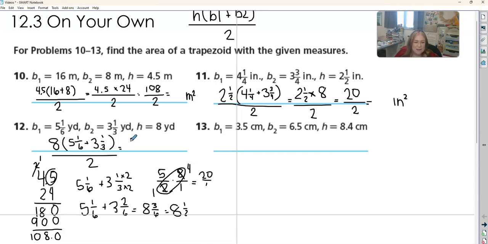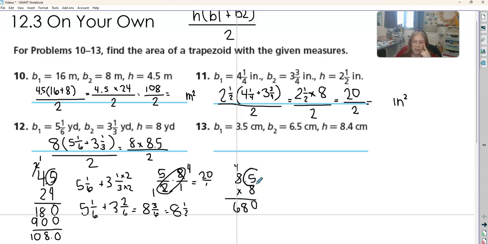So that was our add. Now we need 8 times 8 1/2. I can make that a fraction if I want, or a decimal if I want, and we'll divide by 2. So I know that's 8.5. So I'm going to just go 8.5 and I'm going to times that by 8. So 8 times 5 is 40, placeholder. 8 times 8 is 64 plus 4 is 68.